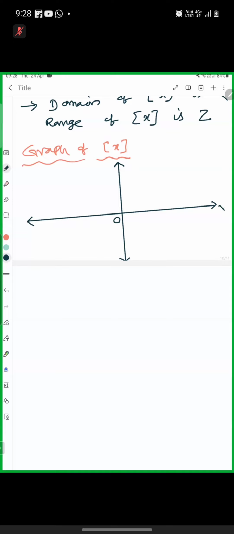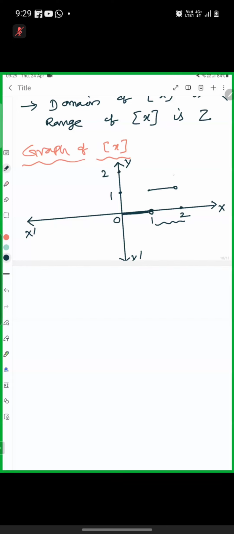See here. On the x-axis, I am taking x values, and on the y-axis, I am taking step x values. If the x value lies between 0 and 1, what is the integral part of x? 0 only. Here we have a small gap. When it is 1, if the x value lies between 1 and 2, the integral part of x is 1, so it comes here.